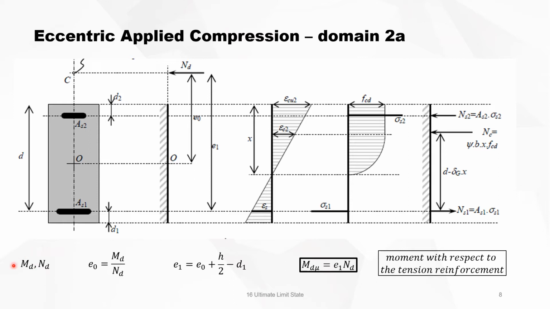We start with the external forces MD and ND. We calculate the initial eccentricity with the reference the tensile reinforcement, and we calculate the reduced bending moment.